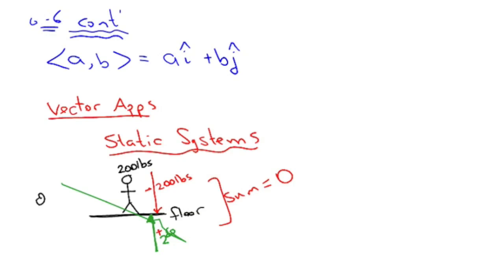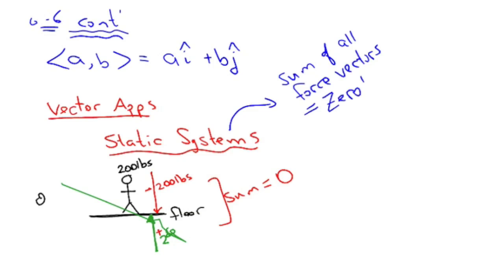So when we talk about a static system, the sum of all force vectors equals 0. That's all there is to it. It's actually quite simple.